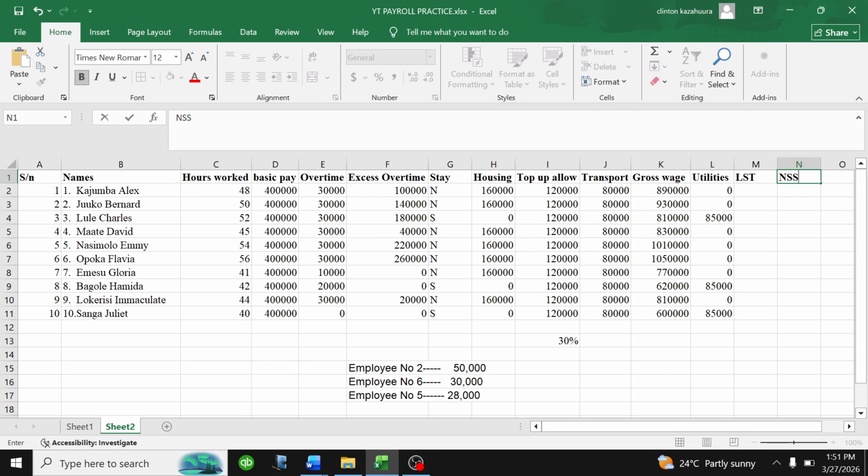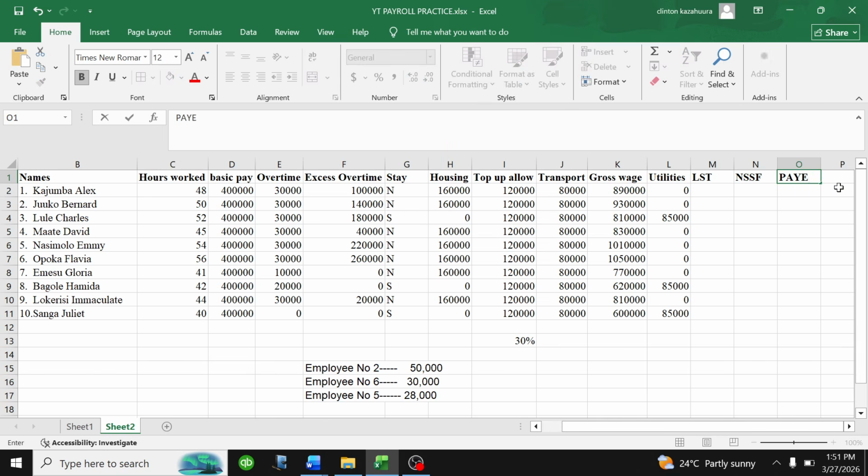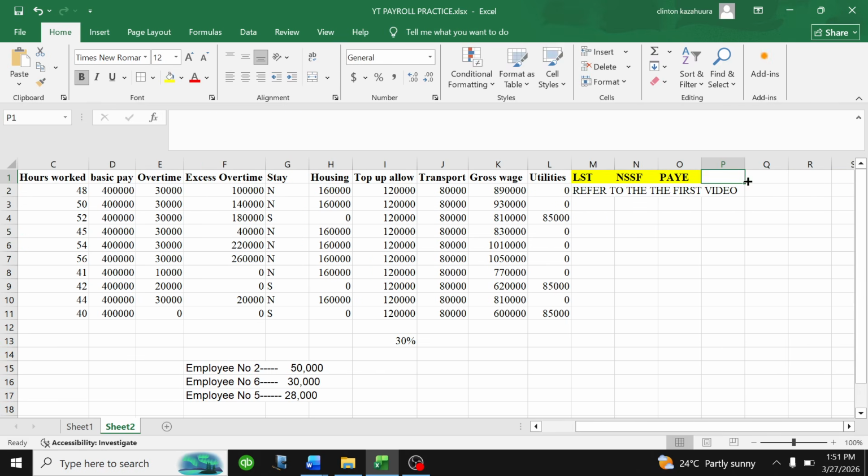You have NSSF here, and also pay as you earn, which I'm telling you that all these three, we covered them under the first video. So we are going to say refer to the first video. The rates are the same, please.